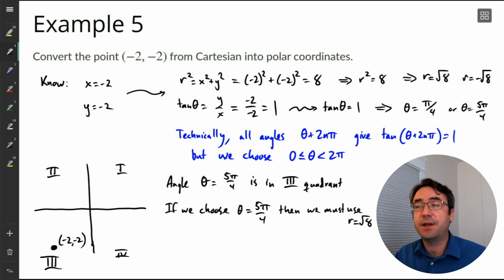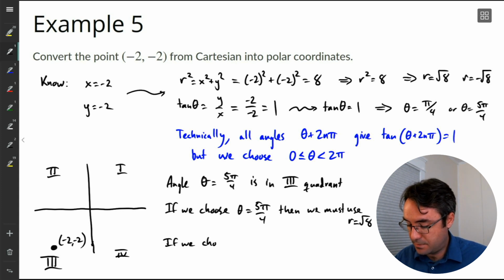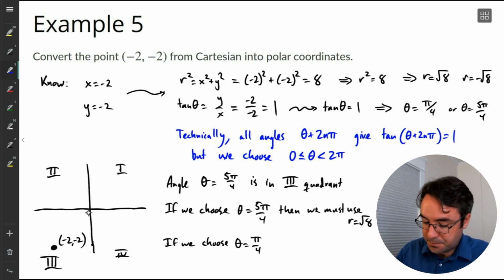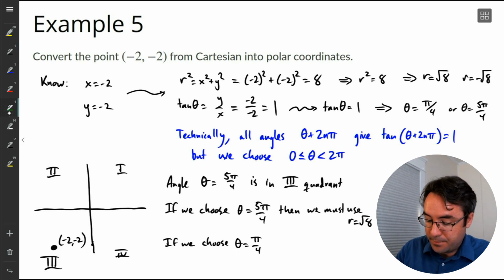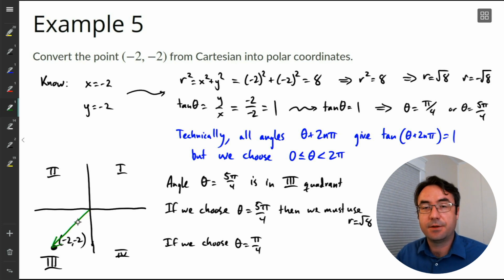If we choose the other theta value, well then we could do that. We could choose theta to be pi over 4. So 5 pi over 4 is good because that's in the correct direction here.